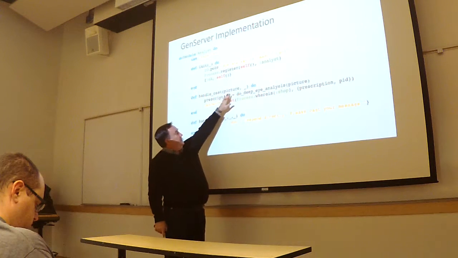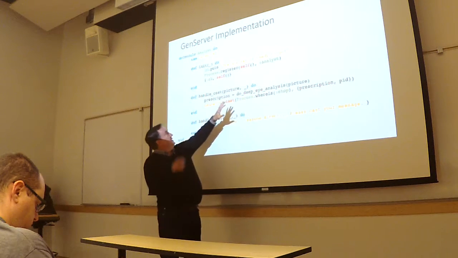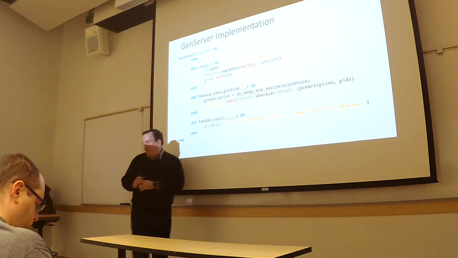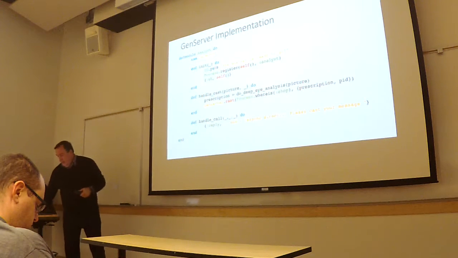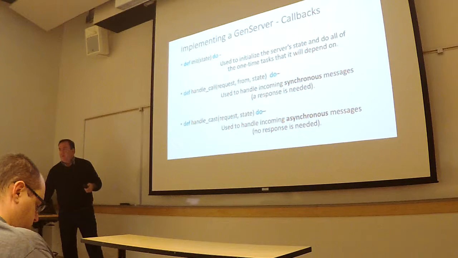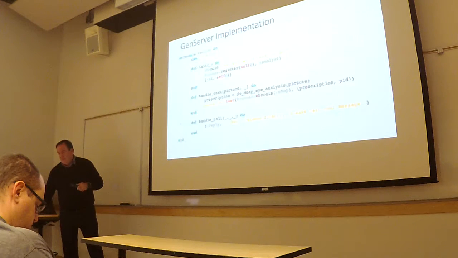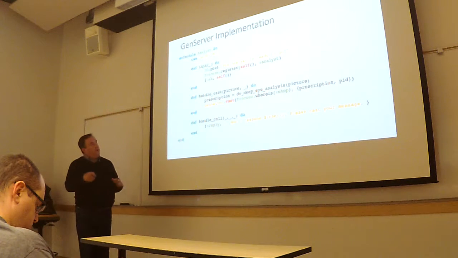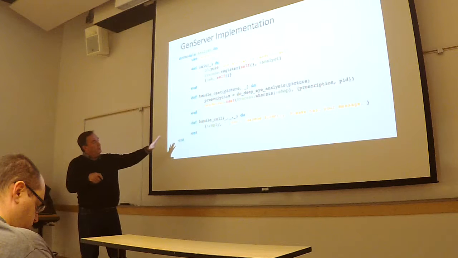I get a picture. This additional parameter here, if you look at this as state, and take a look at the documentation for this, it allows you to sort of pass additional state information. So if you send me a picture, I'm not going to care about what the state is.